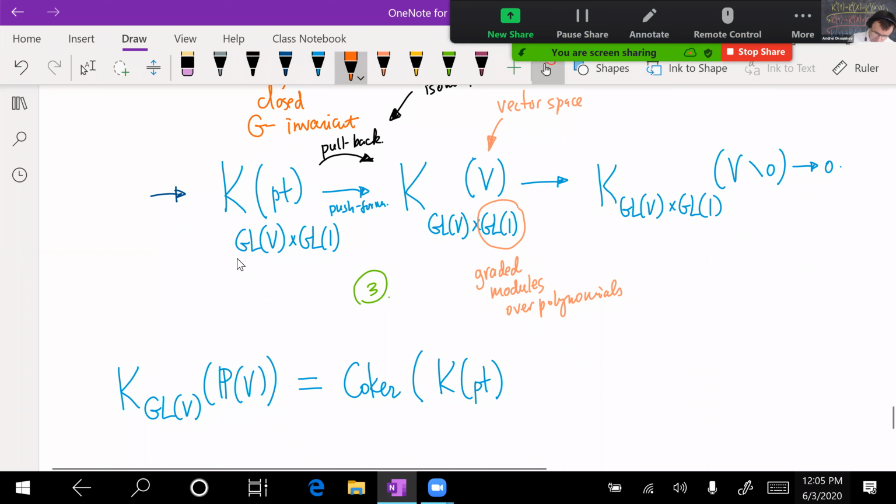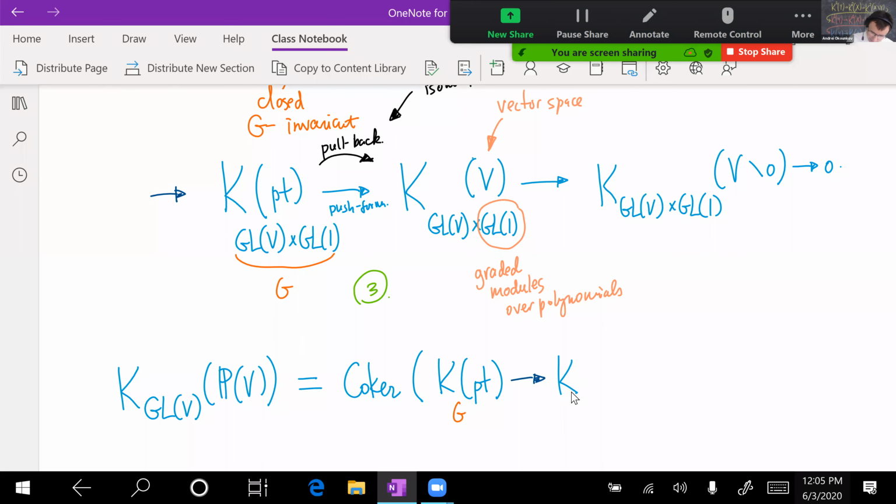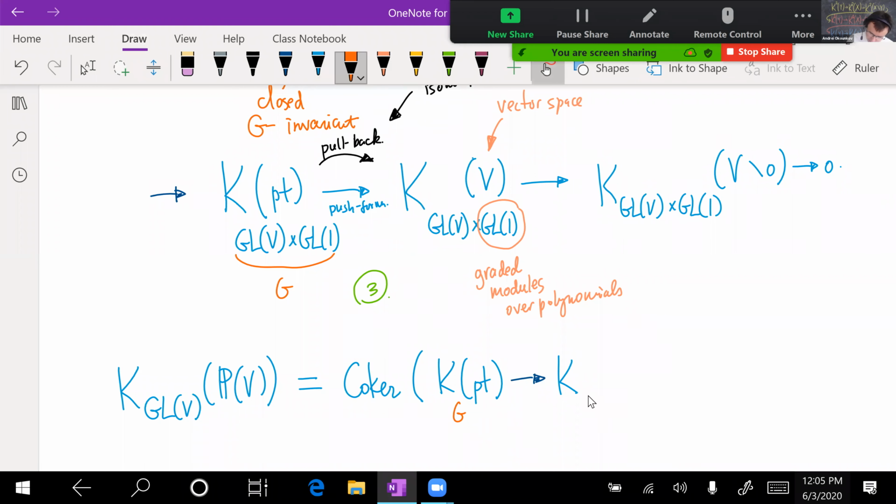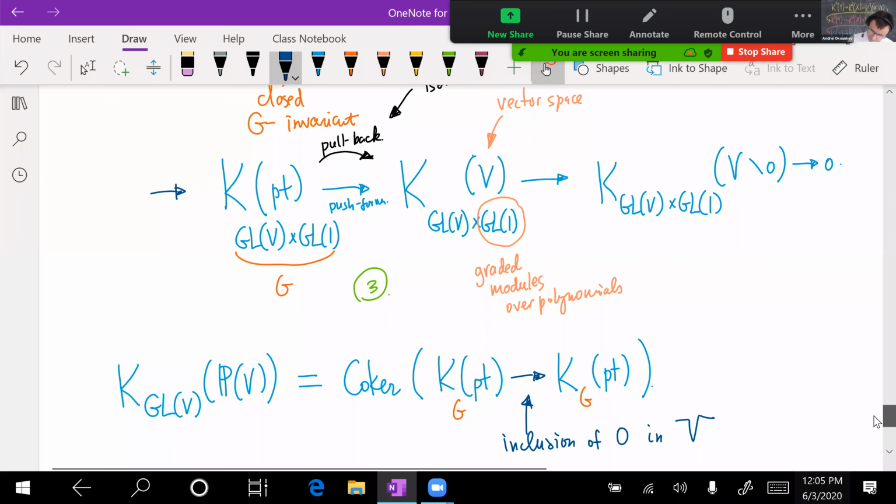Maybe I'll abbreviate this group to G. To the same, abstractly the same, where this map is the inclusion of 0 in D.